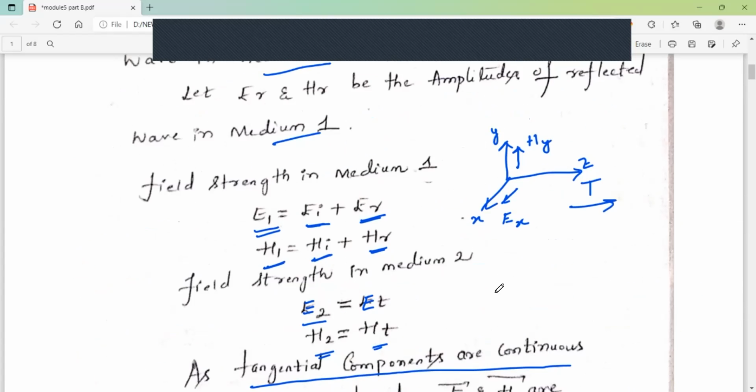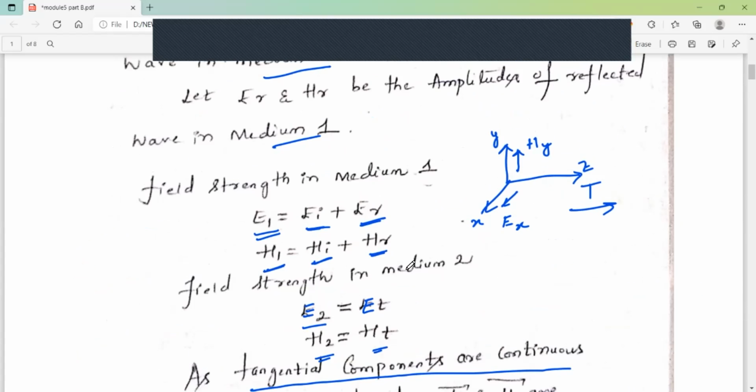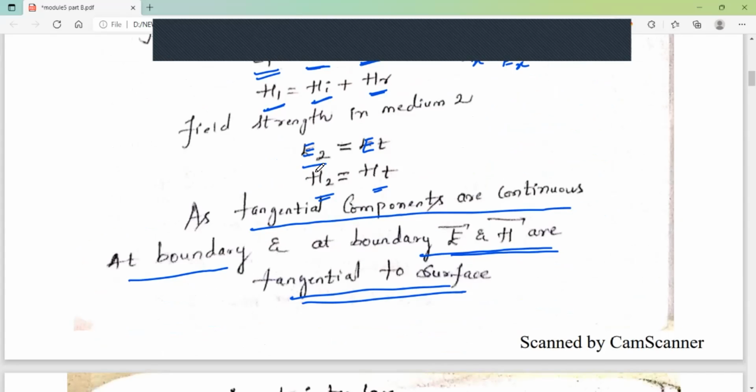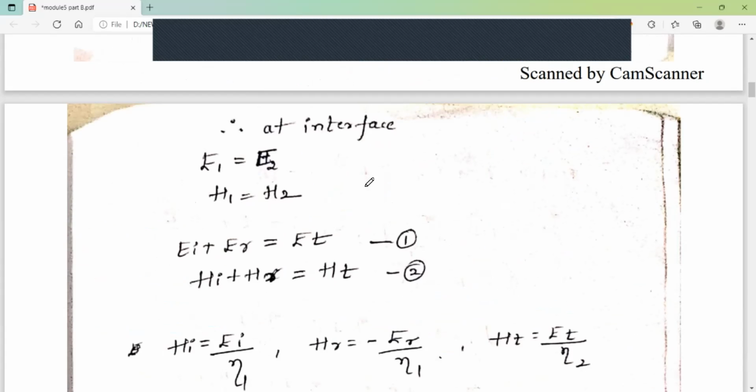So what we have got for E1 is nothing but EI plus ER, that is incident plus reflected. And what we have got for H1 is nothing but HI plus HR, that is incident wave plus reflected. And for E2, we have only transmitted. For H2 also, we have only the transmitted.